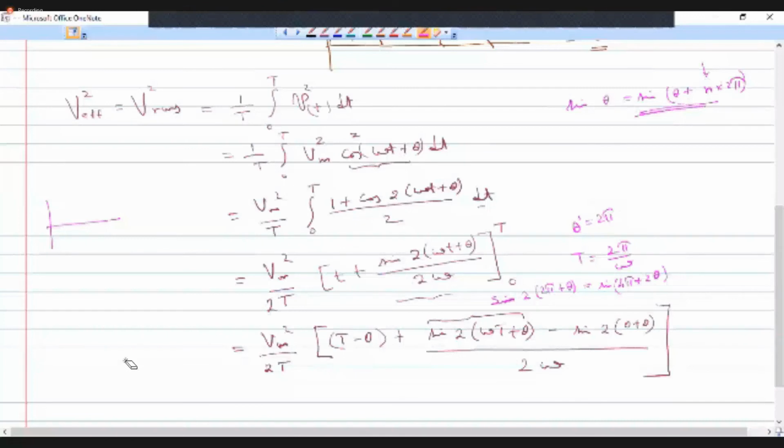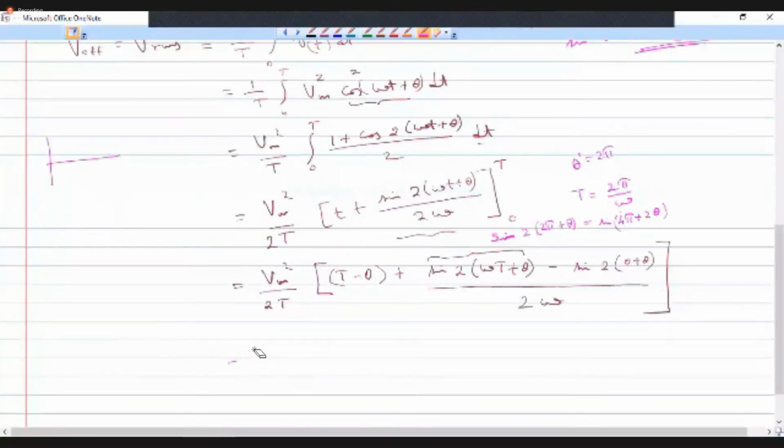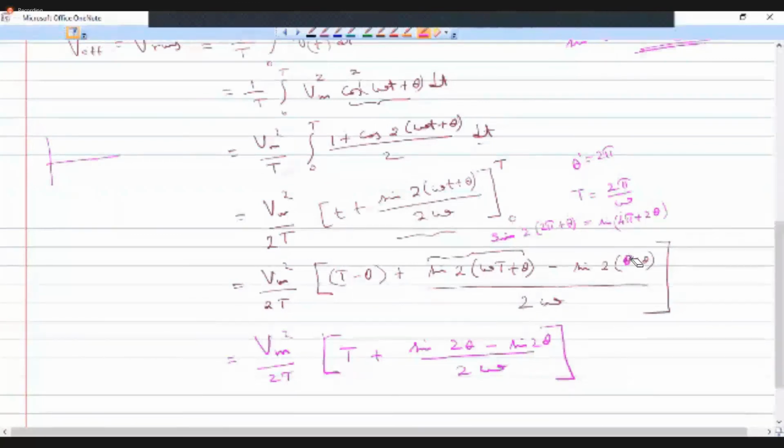So what is this right hand side? That becomes Vm square divided by 2T into T plus, when you add, sine 2 theta minus sine 2 theta divided by 2 omega, right? The first quantity is sine 2 theta, and the second quantity also, when you open this, is sine of 0 plus theta, which is equal to sine 2 theta.